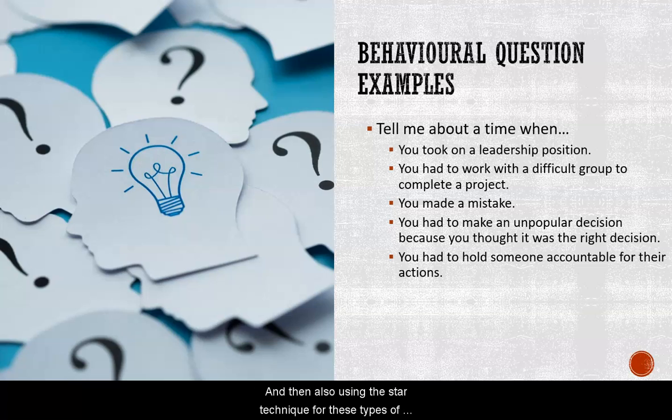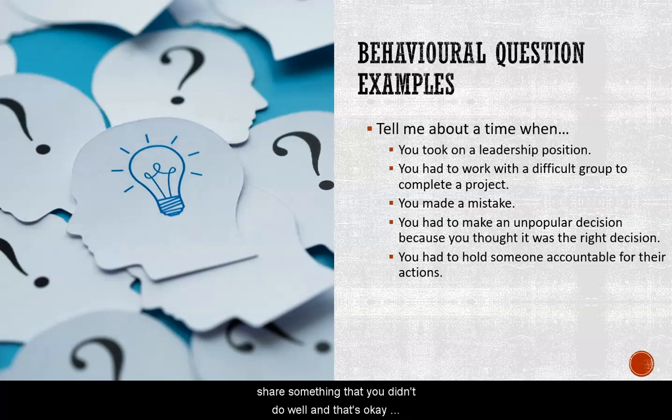And then also using the STAR technique for these types of questions will help you clearly identify what was going on in this situation, what you did, and still how you had a positive result. Now, the positive result might not be that you made the right choice or that it was an easy activity or experience, but instead it can be a reflection. So tell me about the time you made a mistake.